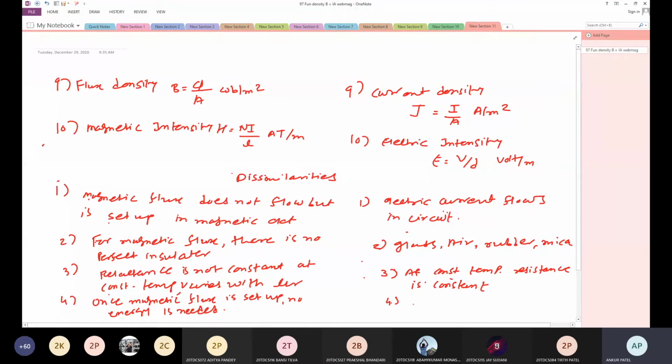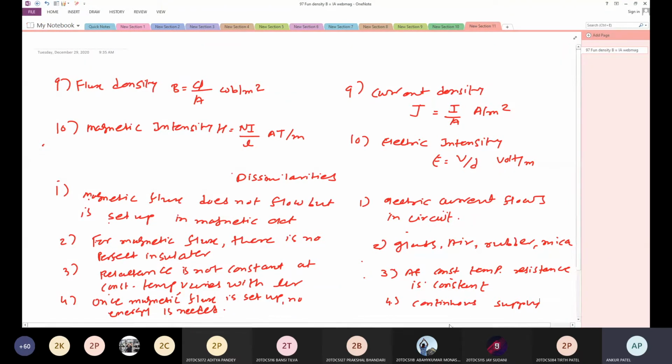So we need here continuous supply for current to flow in the circuit. Okay, so these are the similarities and dissimilarities of electric and magnetic circuit.